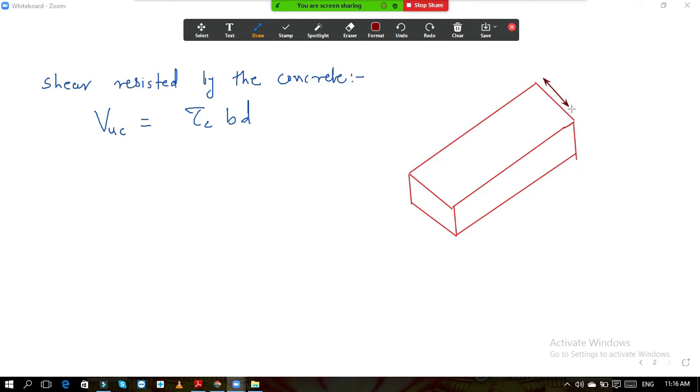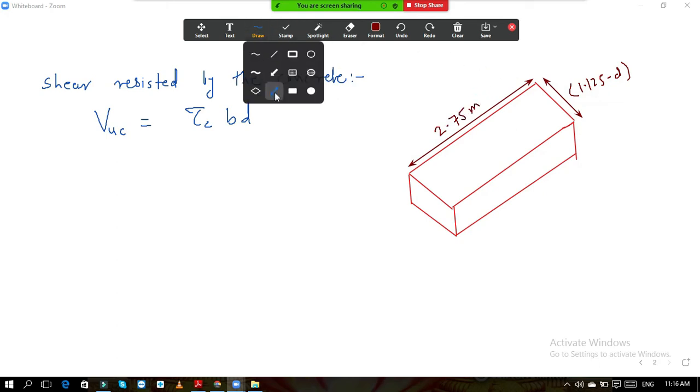This much is 1.125 minus D. Next is this dimension up to here, which is 2.75 meter. Then next is this one, the depth D.